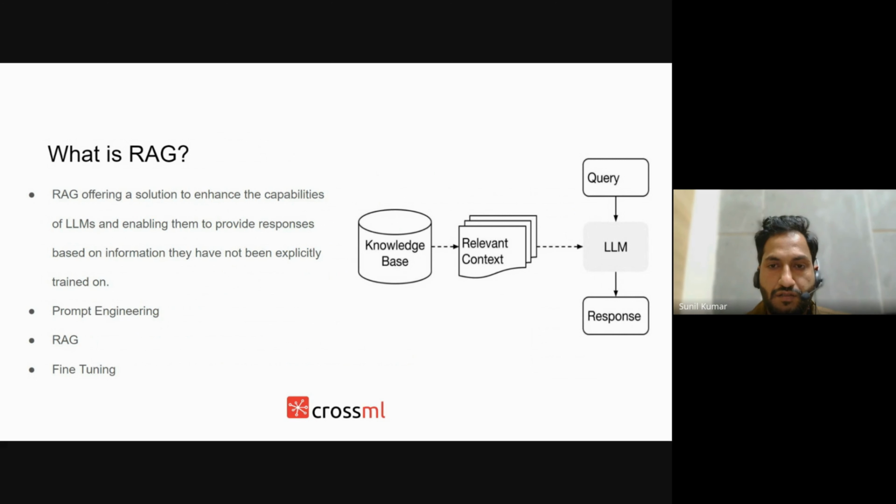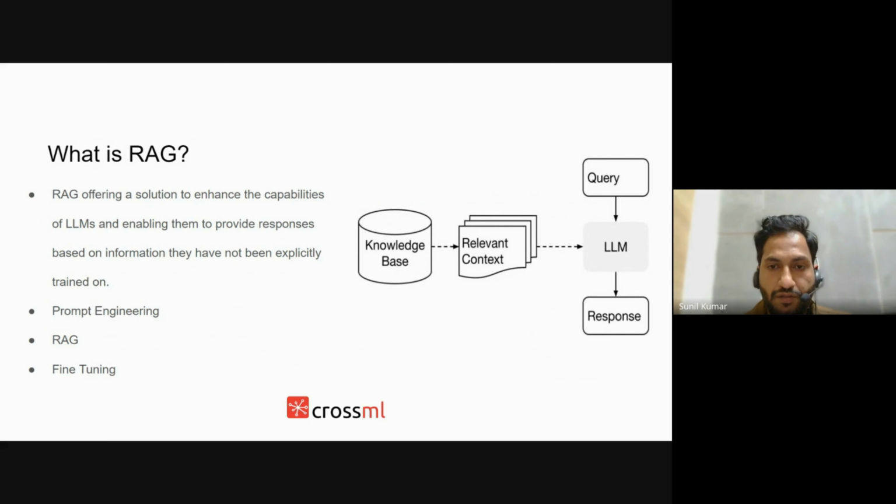Prompt is a technique for structuring the text in natural language so that it can be understood or interpreted by our LLM model, and then get a response according to our query or instruction.